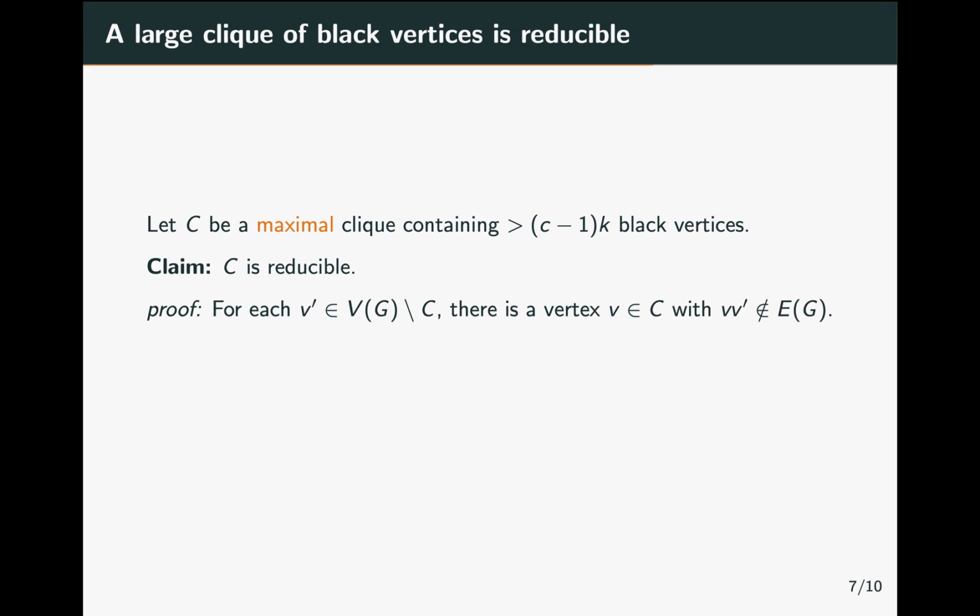To show this, a crucial observation is that if you look at a vertex outside C, then it's going to have some vertex in C that is not adjacent to it. Well, this is because C is maximal.